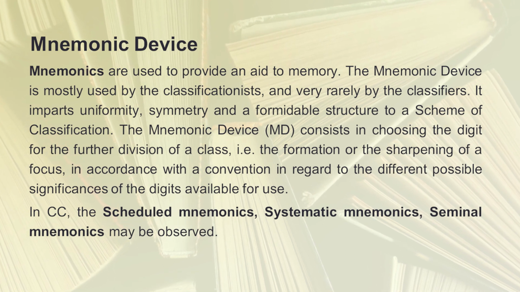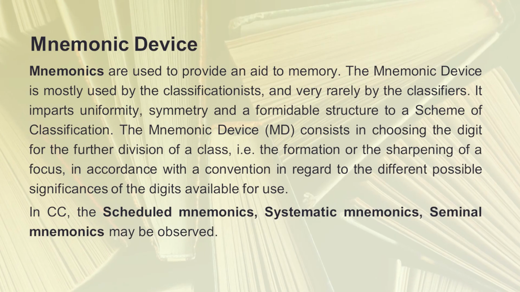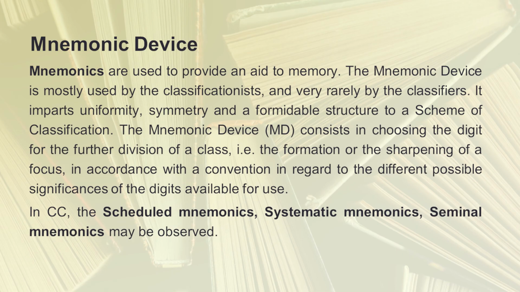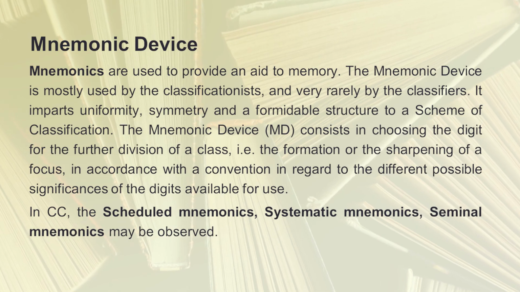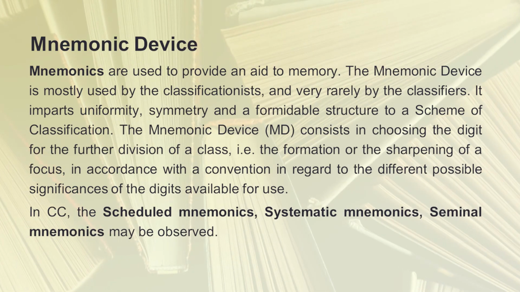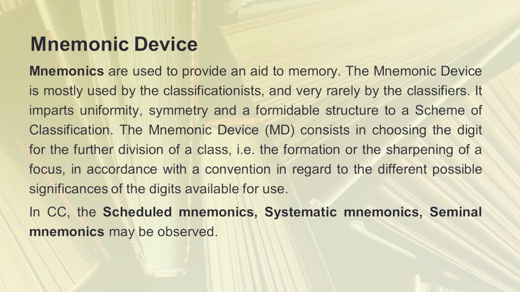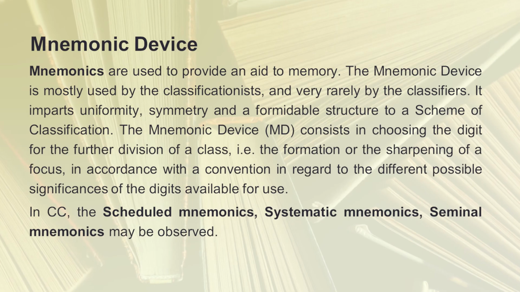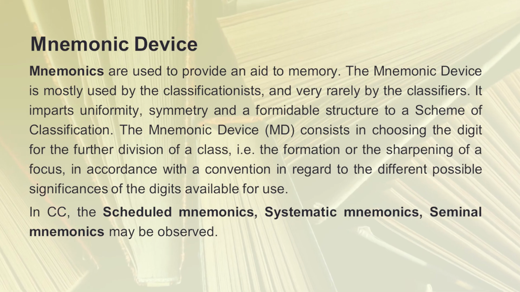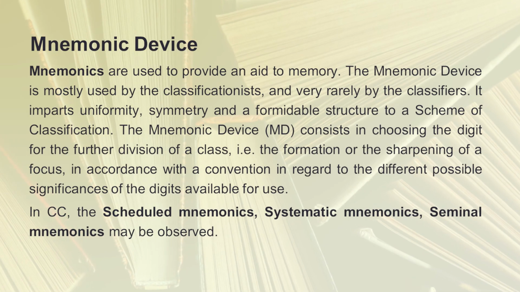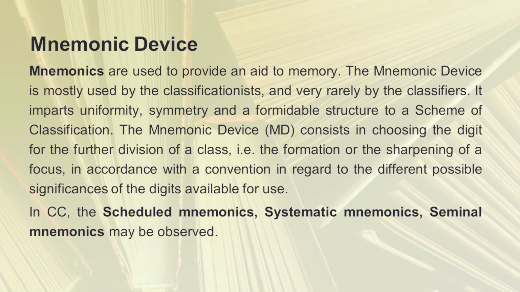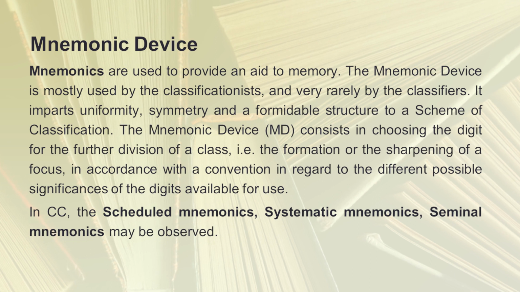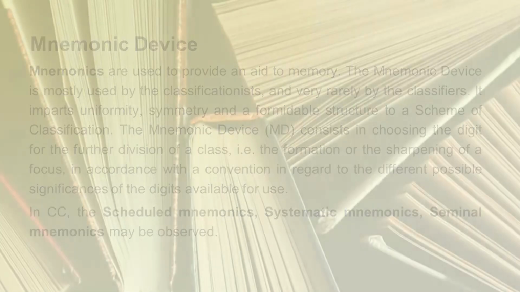The mnemonic device consists in choosing the digit for further division of a class, that is, the formation or the sharpening of a focus in accordance with the convention in regard to the different possible significances of the digits available for use. In colon classification, the scheduled mnemonics, systematic mnemonics, seminal mnemonics may be observed.